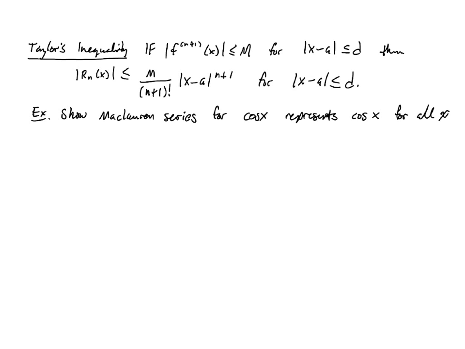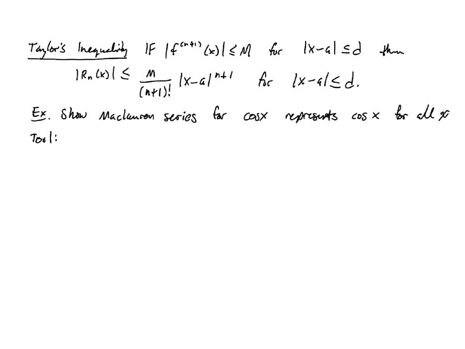Now, in order to do this, we're going to use a really handy limit that I'll explain to you. And this is a really good limit to have for all computations involving Taylor's inequality.